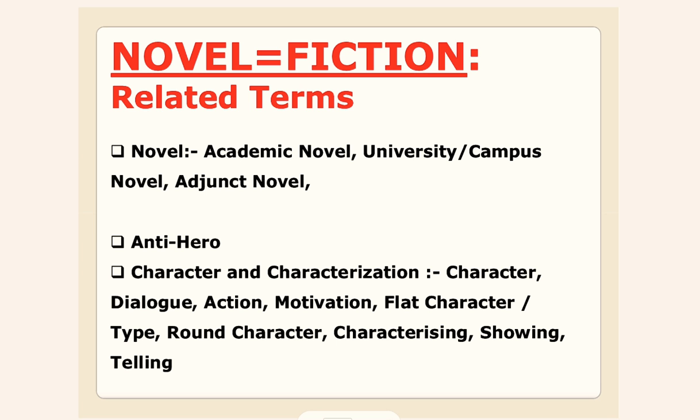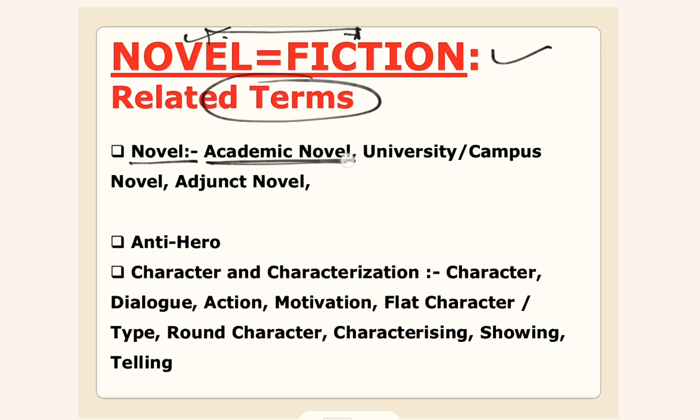Next, going to the next section, novel or fiction section. Let's see what are the important terms. And one thing, don't be confused, novel with fiction. Both are the same term. Fiction is a very modern term. Let's see what are the terms associated with novel. Academic novel as well as university or campus novel.